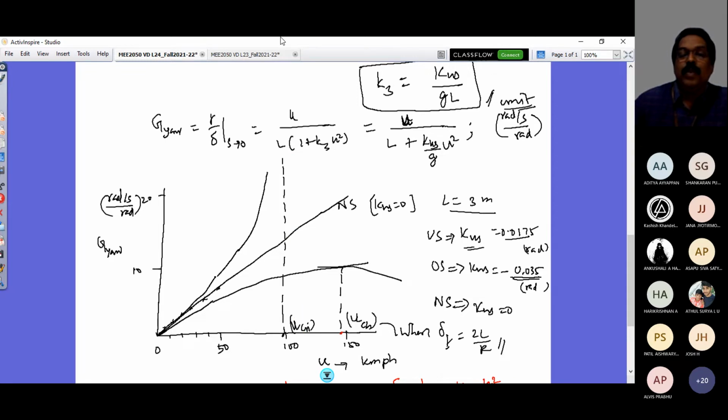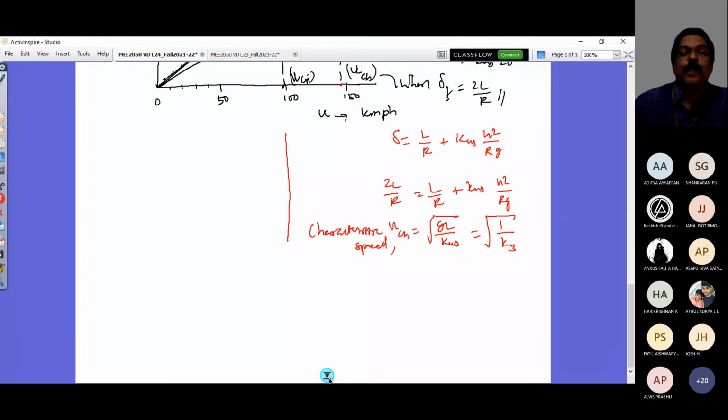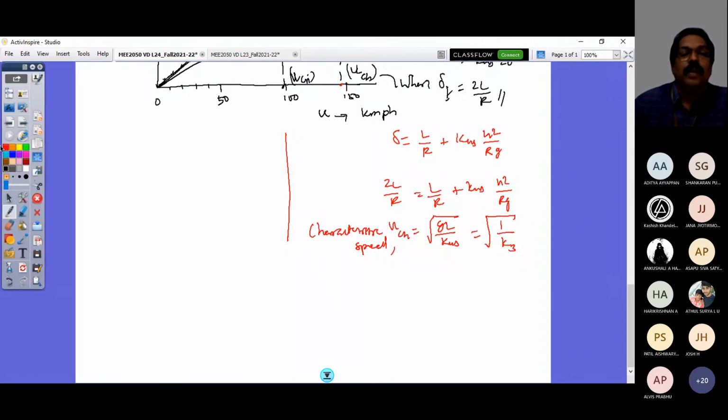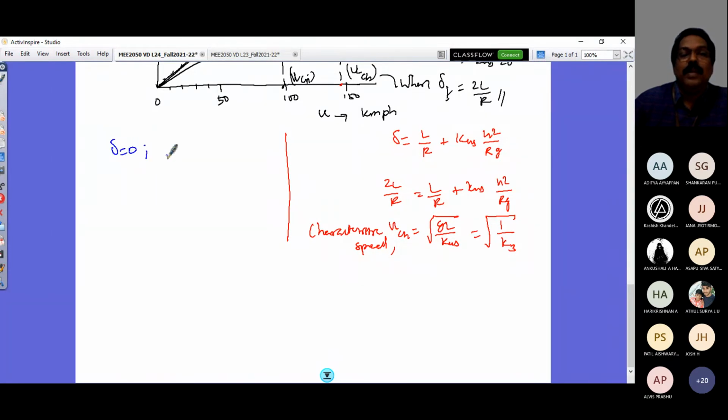speed. So V critical speed is the one we have seen when delta becomes 0, right? If it is an oversteered vehicle, then the delta equals 0 condition is what is going to give me this. So 0 equals L by R plus KUS into U squared by RG.